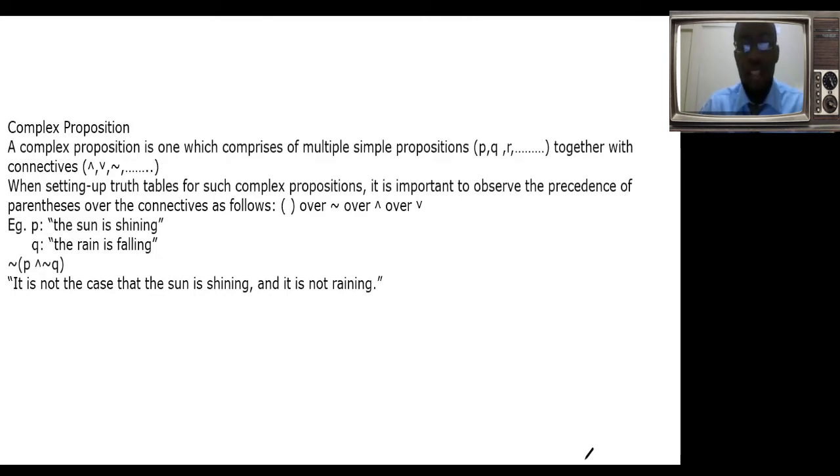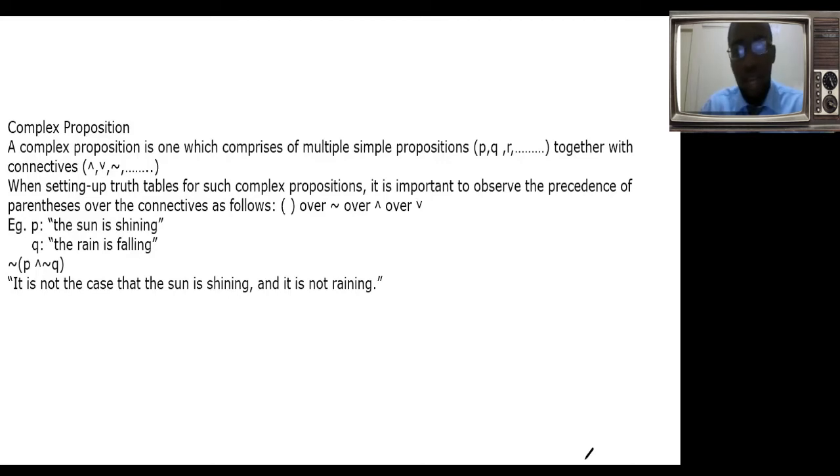So here it tells us how to set up a complex proposition. For example, P is the sun is shining and Q is the rain is falling. And now it wants us to write down the negation of P and not Q. So P represents the sun is shining, Q represents the rain is falling. And so P and not Q is the sun is shining and the rain is not falling.